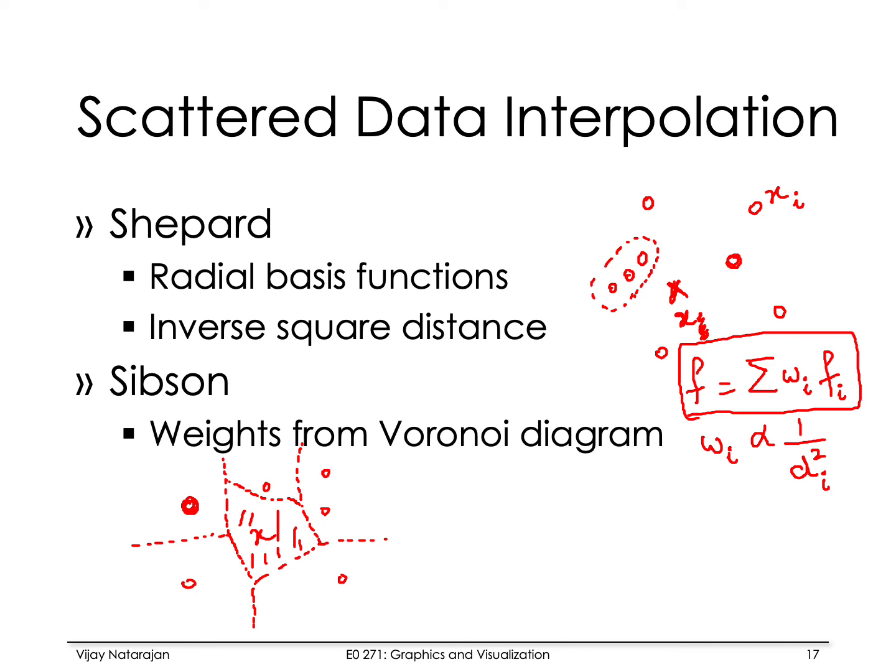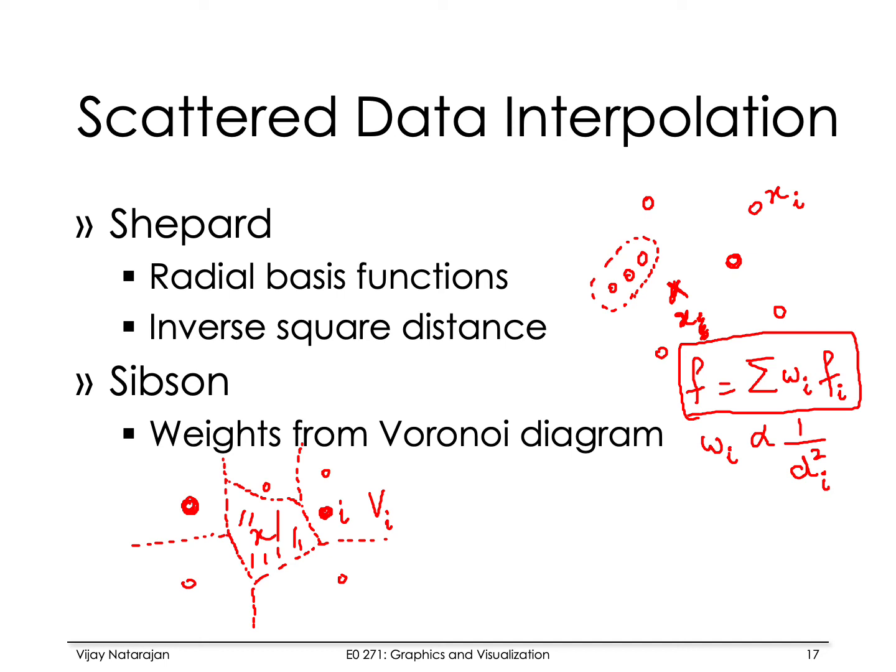And the way this is done is as follows. The weight associated, for example, with this point, let's say this point is I, and it has a Voronoi cell similar to that of X. So this is a polygon.